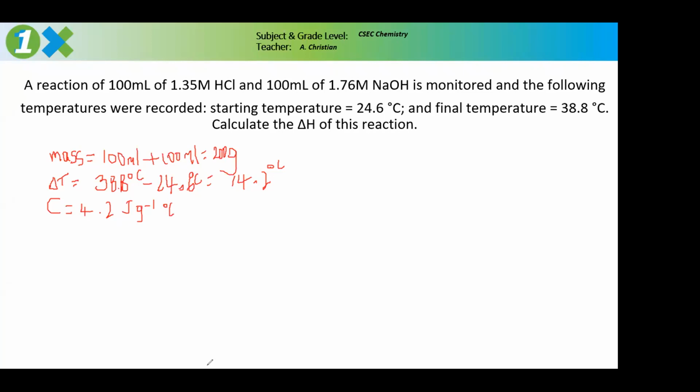So the 4.2 joules per gram per degree Celsius. Where do you get that standard? Yes, sir. It is always given to you. Oh. It is the specific heat capacity of water. Yeah, I just realized that.